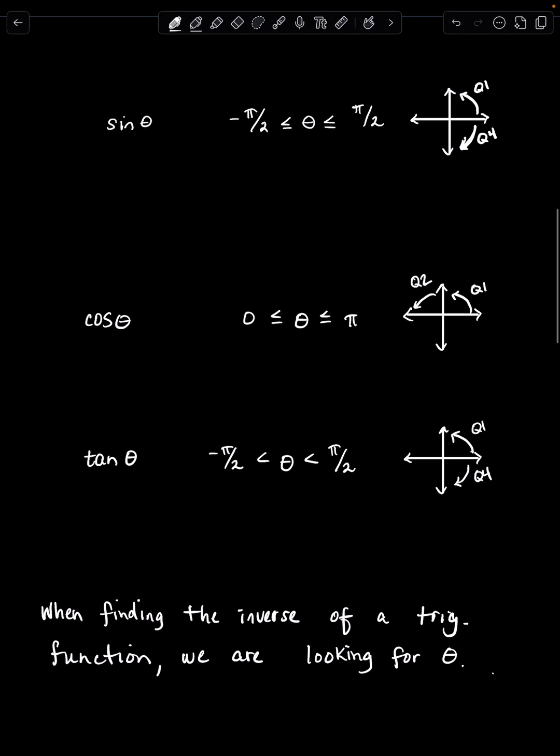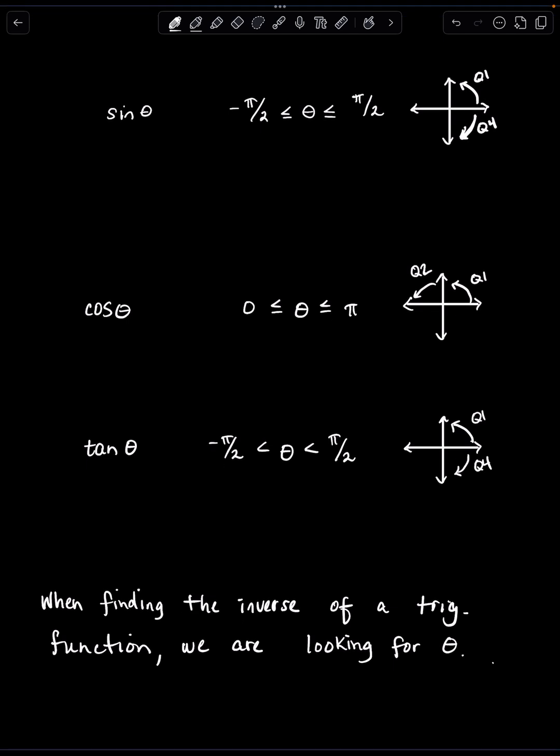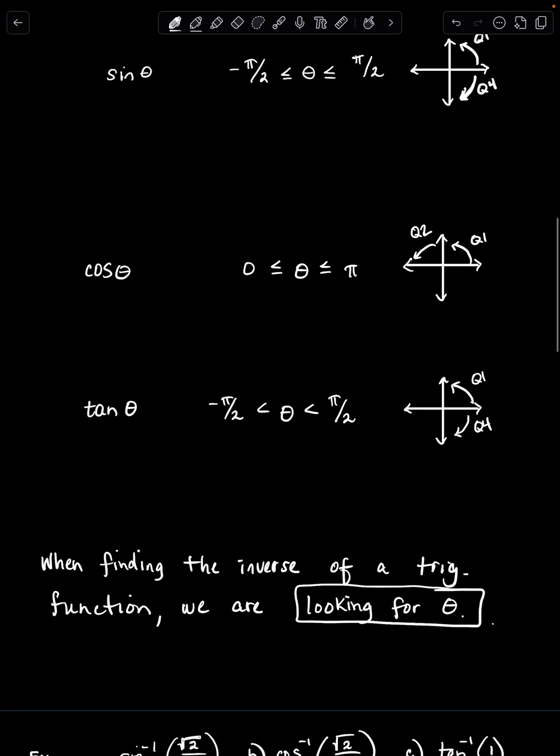All right, and this is the key to all this. If we're looking for an inverse of a trig function, what that is asking for is an angle. I am literally looking for an angle. So if you see the inverse notation, with that negative, and I should use sine, cosine, and tangent, not my function.